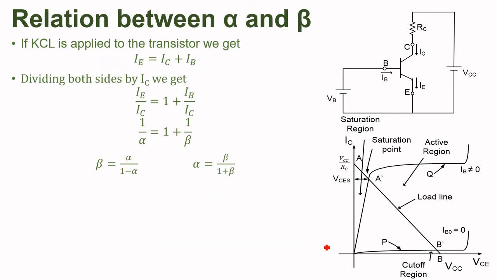In order to derive the relation between alpha and beta, let us consider that the transistor is a node. If we consider this transistor as a node, then the incoming currents to this node would be IC and IB.